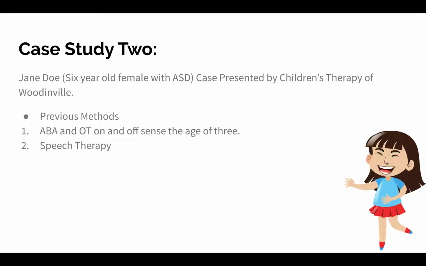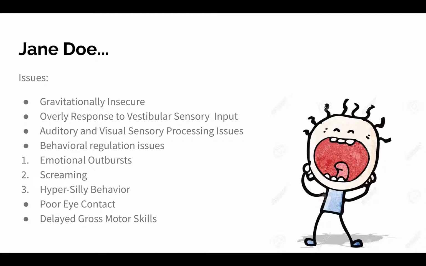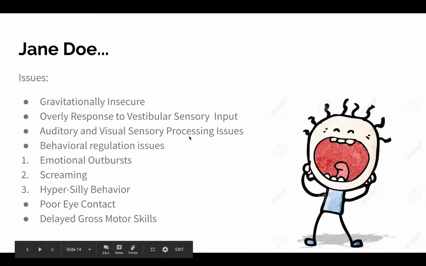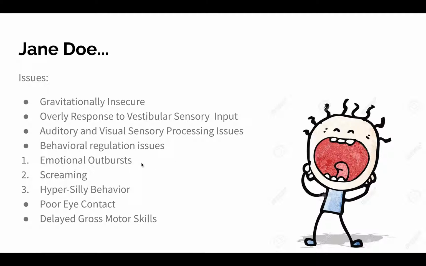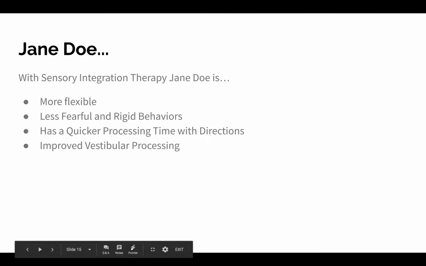So Jane Doe, what were the problems she was facing? She was gravitationally insecure, overly responsive to vestibular sensory input, had auditory and visual sensory processing issues, and behavioral regulation issues, which led to emotional outbursts, screaming, and hyperactive behavior. She had poor eye contact and delayed gross motor skills.